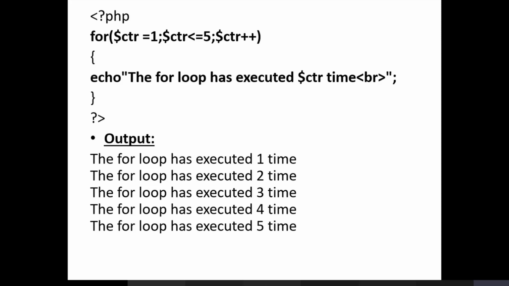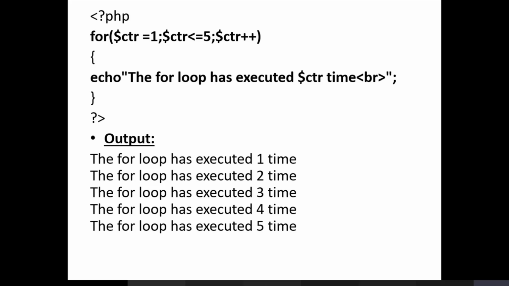So the first time the CTR value is 1, the output will be the for loop has executed 1 time. And then the control goes back to the increment counter, CTR plus plus, which will increment the value of CTR, and the second time the CTR value will become 2.